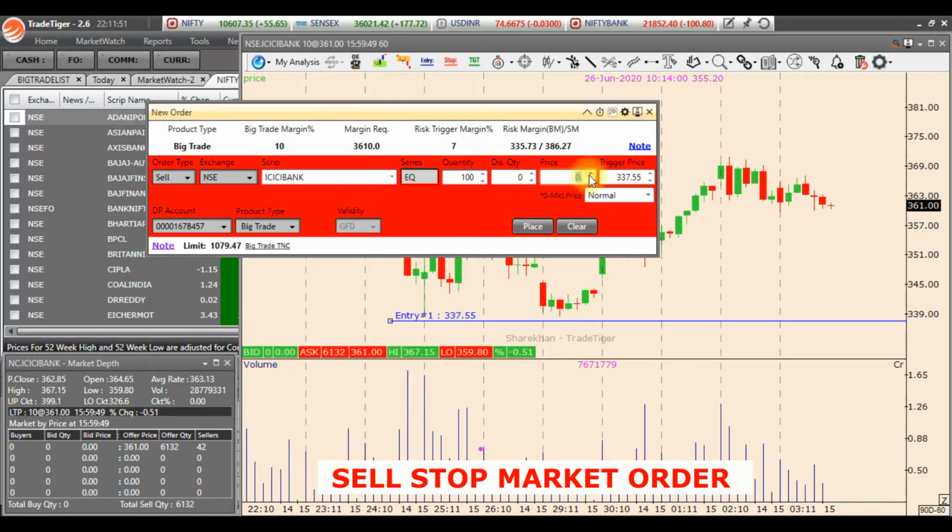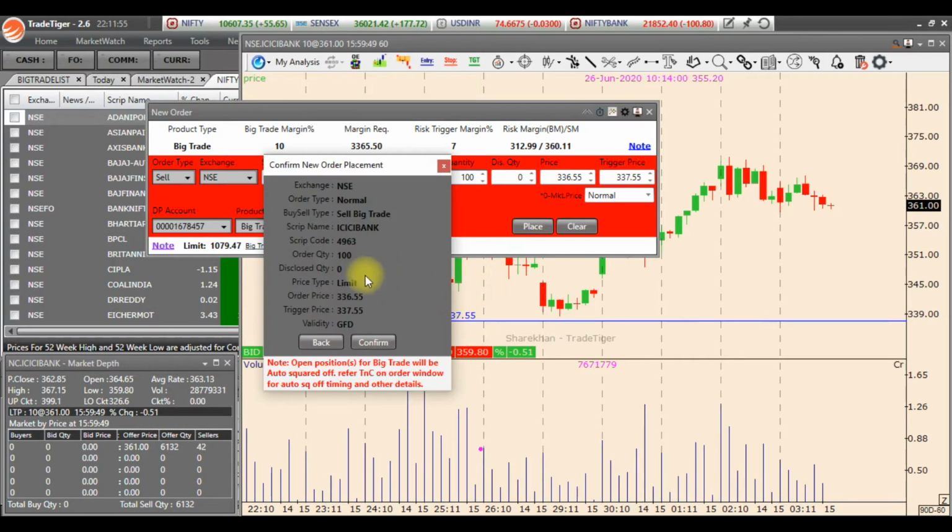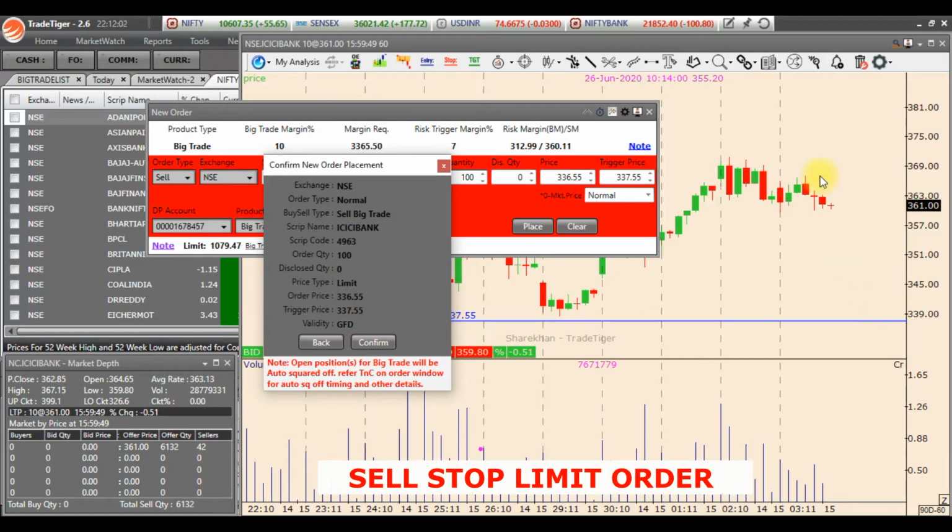If you give a range, 336.55, and place, look at this, it will go as a limit. The moment the price hits this trigger price, your order will become a limit order and will get executed within this price range.